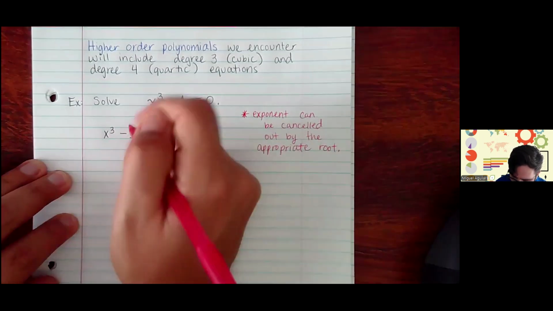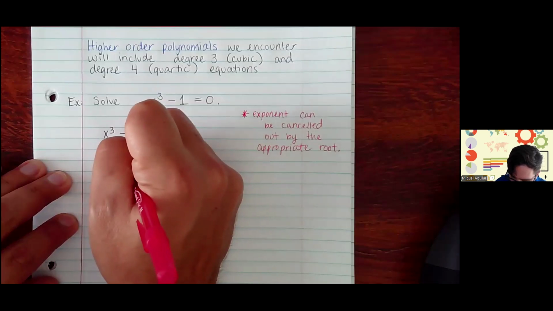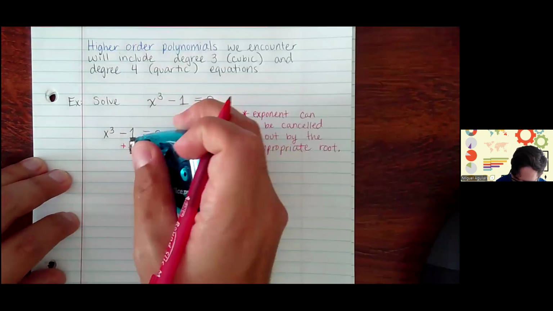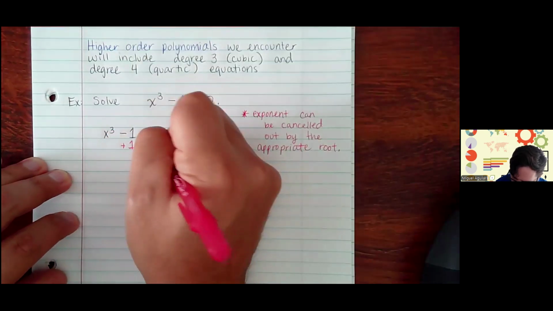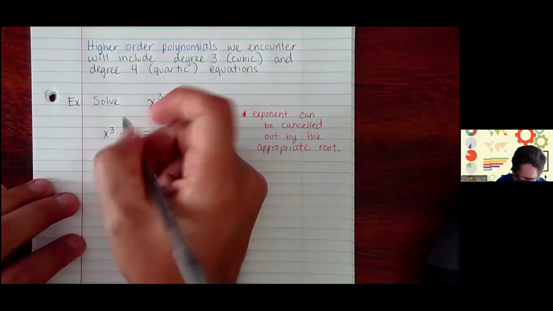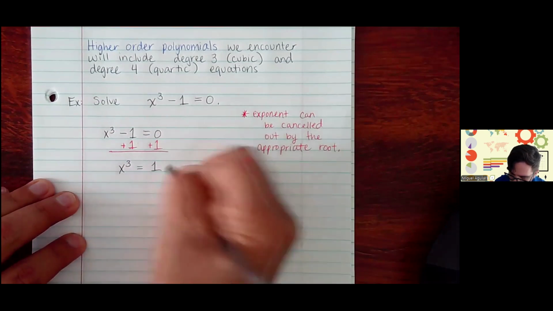That's not something crazy. That's something that we've been doing since the beginning of this course. So I'm going to add 1 to both sides of our equation so that the 1's cancel out, and now I have x to the third power is equal to +1.